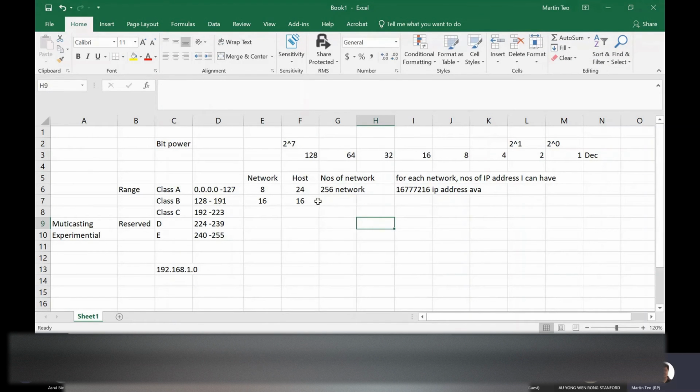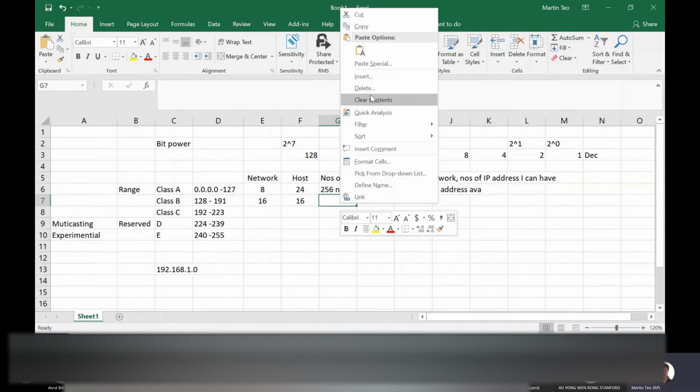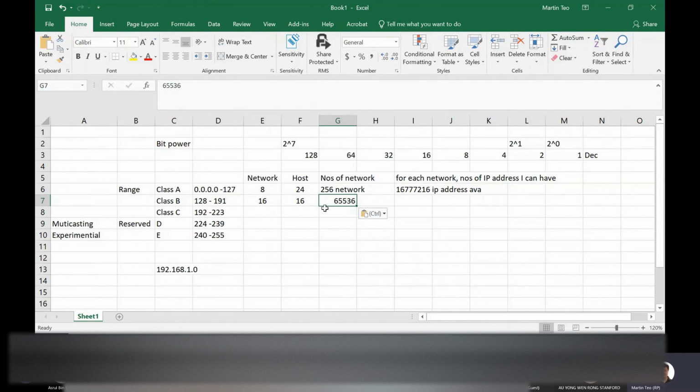So I can have 2 to the power of 16, which is 65,536 networks available to create from class B. And for each network, I can have 65,536 IP addresses.